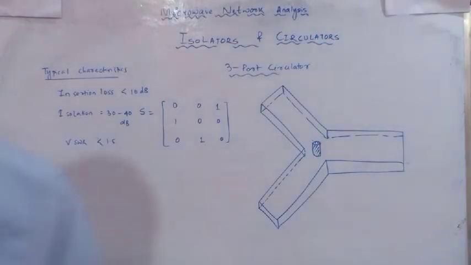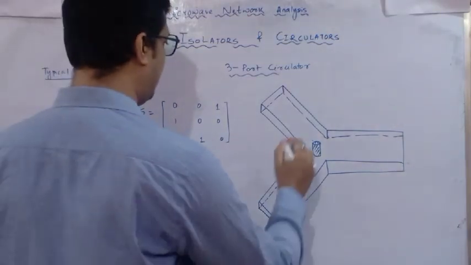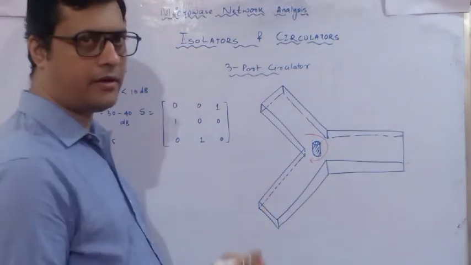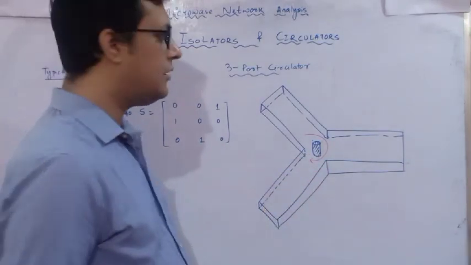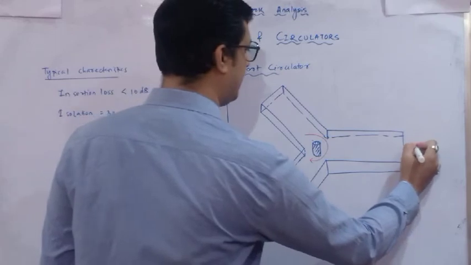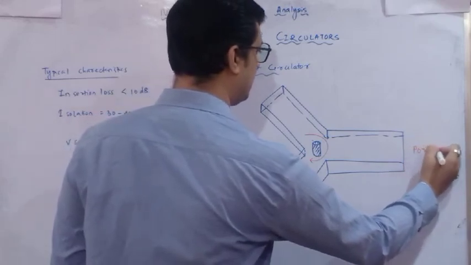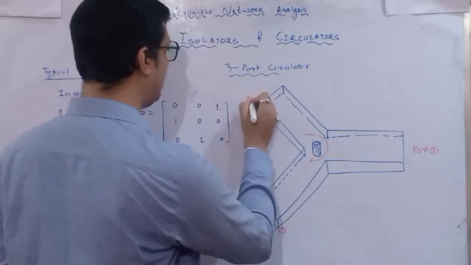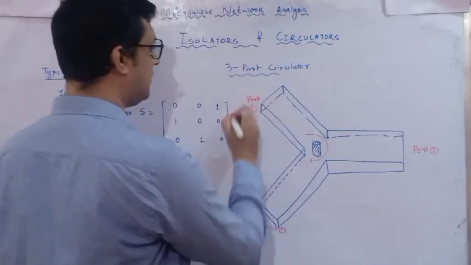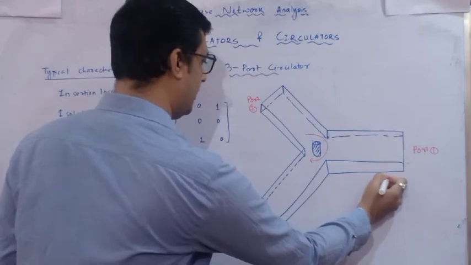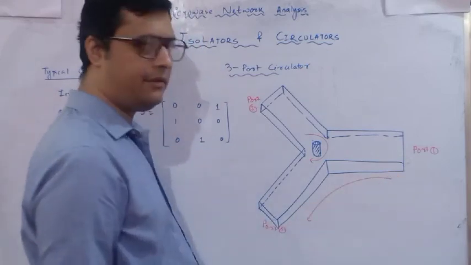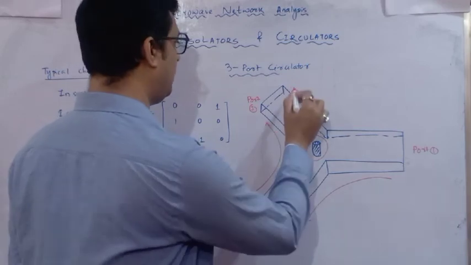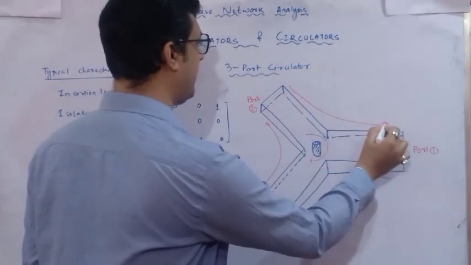Okay. So this is called a 3-port circulator, and it also works on the same principle as what I have shown for the 4-port network. If you consider this one as port 1, this one as port 2, and this one as port 3, then from port 1 to port 2 will have the output, then port 2 to port 3 will have the output, and port 3 to port 1 will have the output.